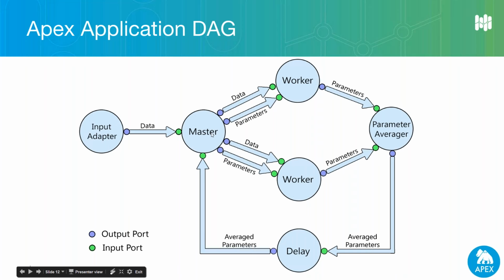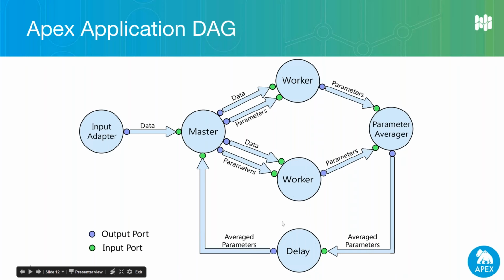Also, whenever input data comes in, it splits the input data across different workers to provide parallelism. After the workers are done processing, they keep updating their model, and as we talked about, at some intervals they forward their models to the parameter averager, where the averaging happens, and you get a consolidated model, which is given back to the master.